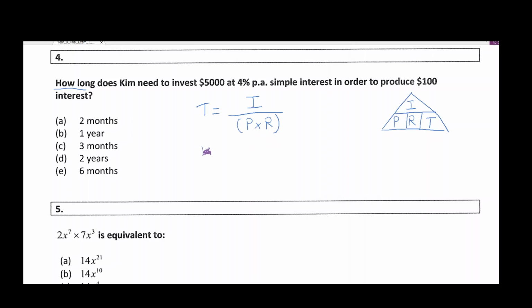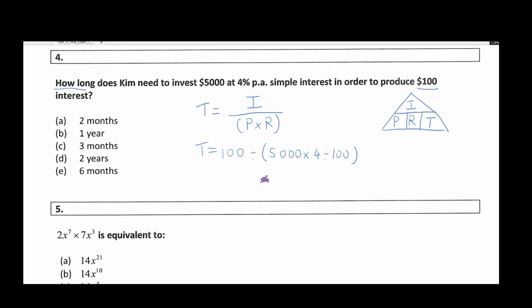So the time equals the interest, which is 100, my mistake, the interest is 100, divided by the principal, which was 5,000, times the rate, which is 4 divided by 100. And we've got to make sure we put the brackets in.